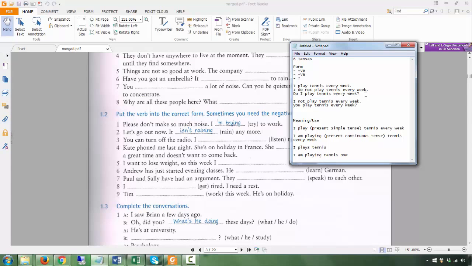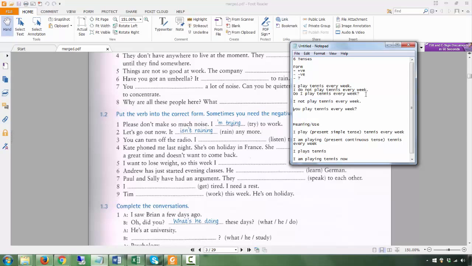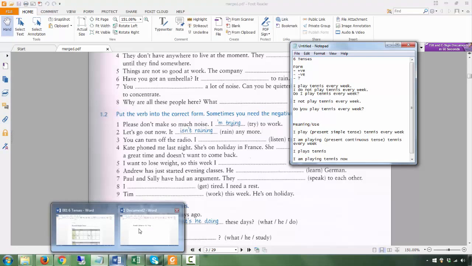Sometimes that's possible, and people do say it this way, but basically you should be saying, do you play tennis every week? So the form is important, and the meaning. When you think about a form, you need to think about the positive, the negative, and the question. Okay, let me go to this document which I'm going to give you.